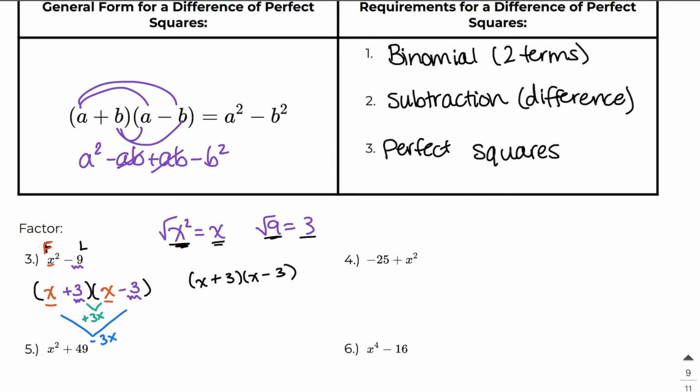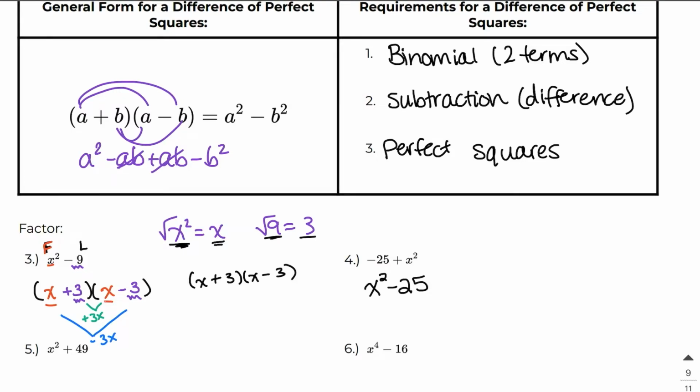Okay, so in number 4 right here, in order for this to be a difference of perfect squares, it needs to be a binomial, which it is. It's 2 terms. But then you have to have subtraction, which we don't have here technically because there's a positive sign here. However, I can rewrite this with the x squared first and the minus 25 last, and now it does have subtraction, so it satisfies that requirement, and these are both perfect squares.